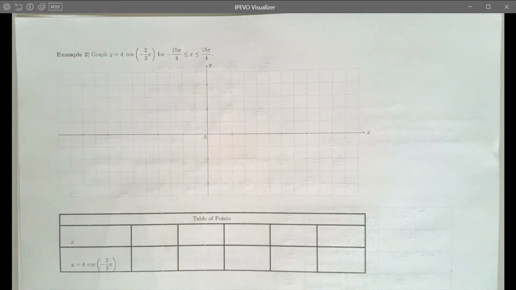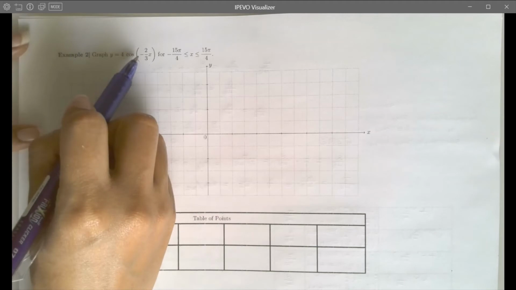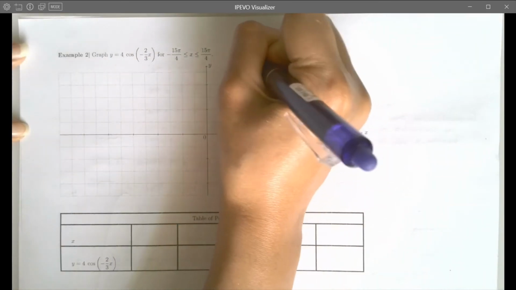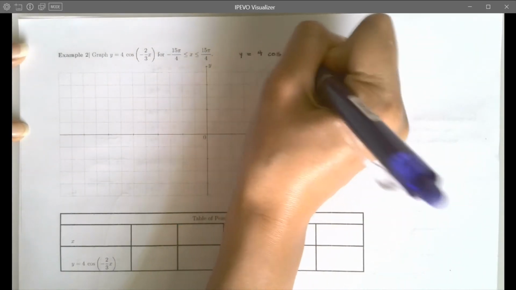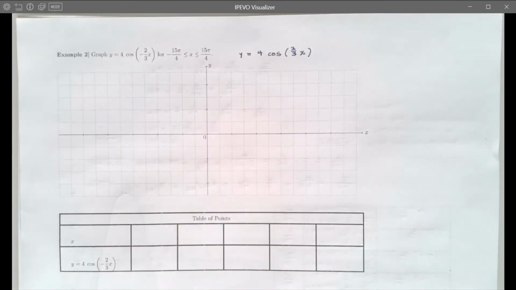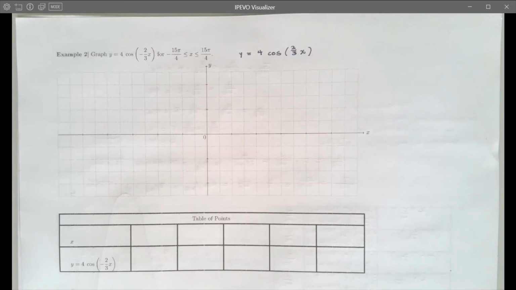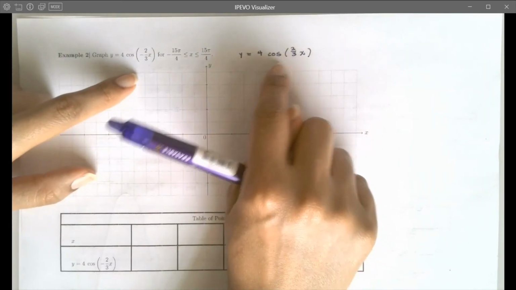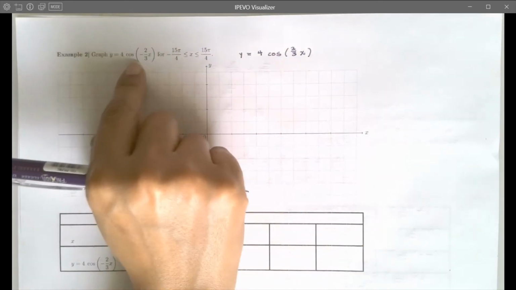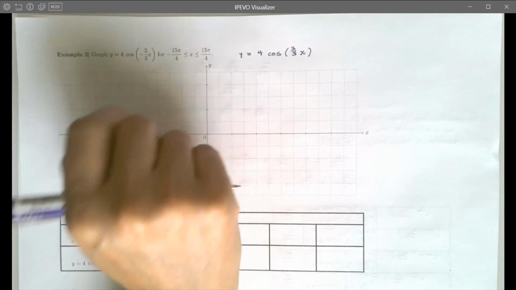And in order to get rid of that negative, we're going to use the symmetry of cosine. Because cosine is even, that means that this negative can be absorbed, or in other words, we can just ignore it and say that y is equal to 4 times cosine of 2/3 x, because these two are going to be equivalent. The y values are going to be equivalent for every x value. So we can just simply deal with graphing this instead of the negative 2/3.